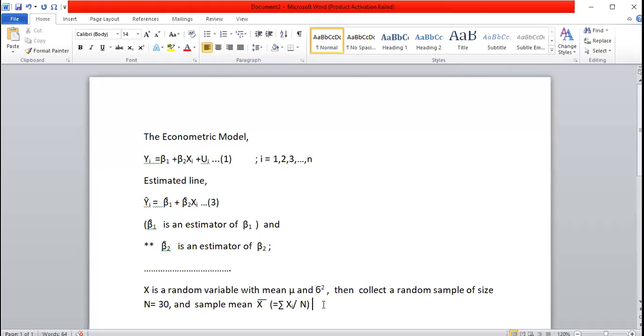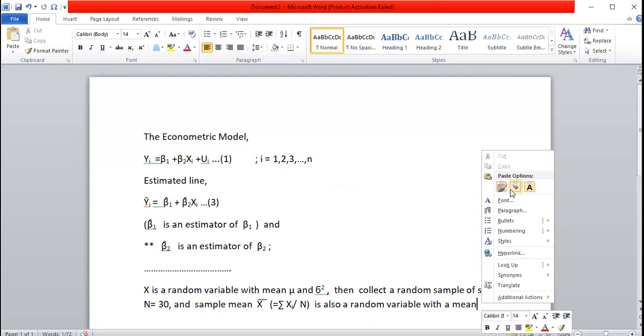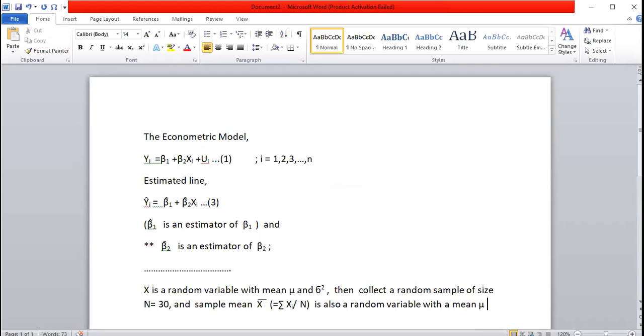The sample mean X bar is also a random variable with mean, what is the mean of X bar? Mu. And variance? Who can tell the variance?